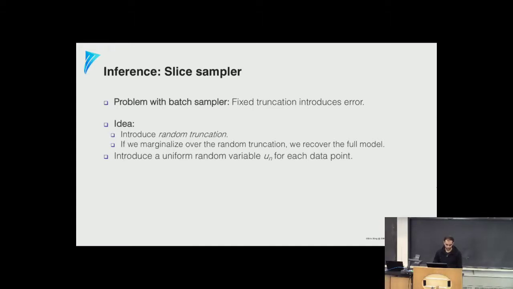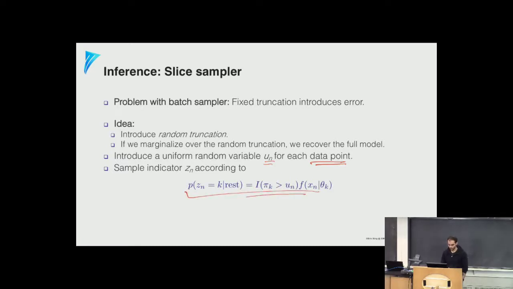So how do we do that? We'll introduce a uniform random variable, which is called u_n, which will be introduced for every data point, which is important. Okay? And then we're going to sample z_n's, or the indicators for every single point, according to this distribution, right?